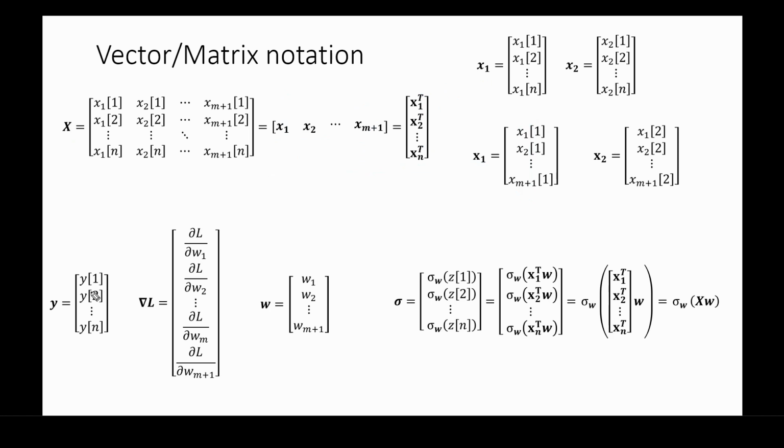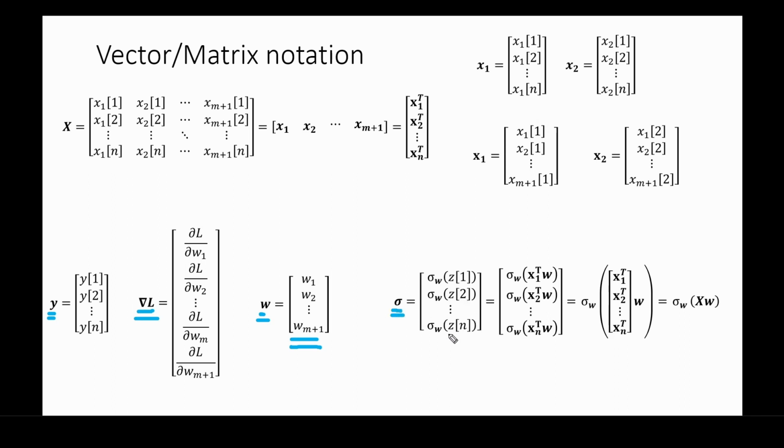We can represent all the outputs y as a column vector, with a bold lowercase y. And this is the gradient, also a vector of the derivatives of the loss function with respect to all the w's. All the w's can be represented as a column vector as well, with a lowercase bold w, and the sigmoid function of z can also be represented as a column vector.